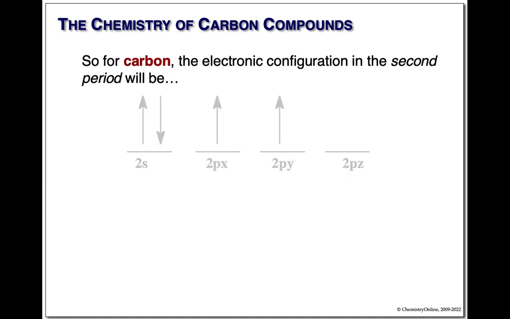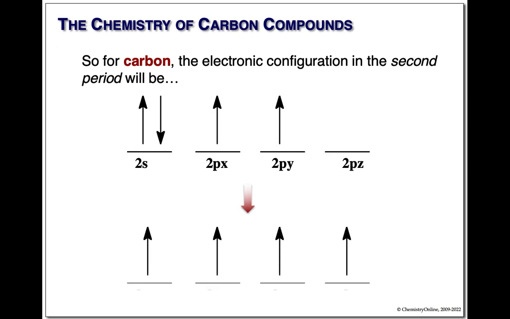If you think about it, to form a bond you need a single unshared electron, right? We would expect 2. We don't, we get 4. The reason we have 4 is that energetically it is lower energy to take this electron and promote it to a p orbital. So we wind up with something like this.